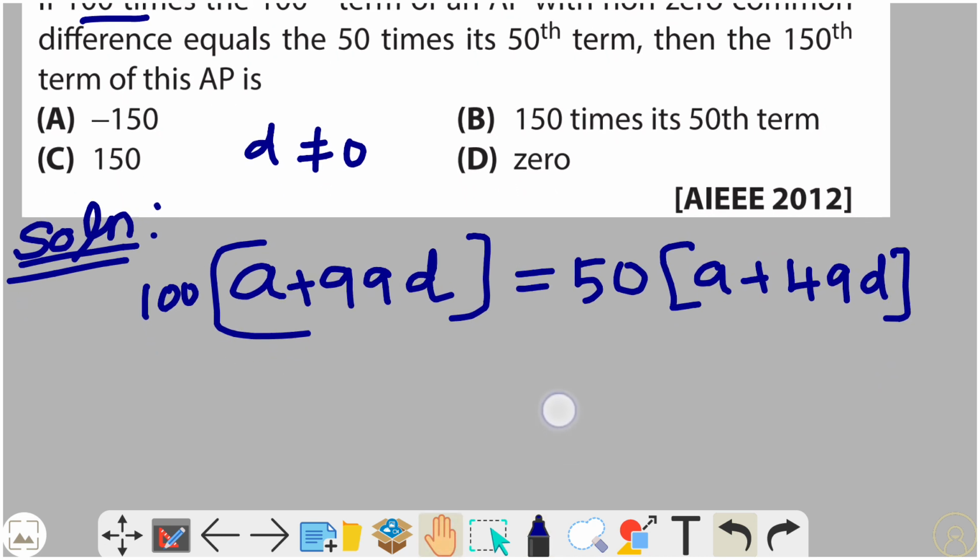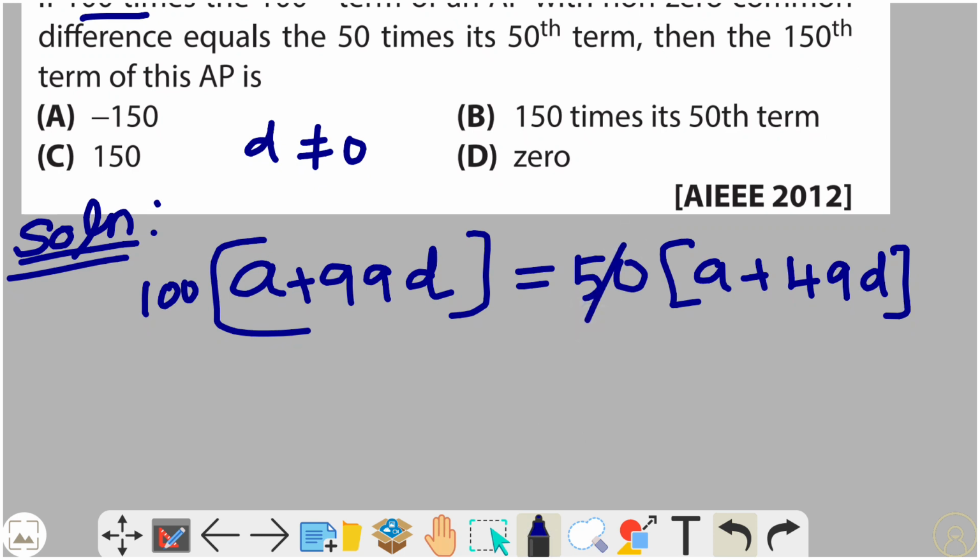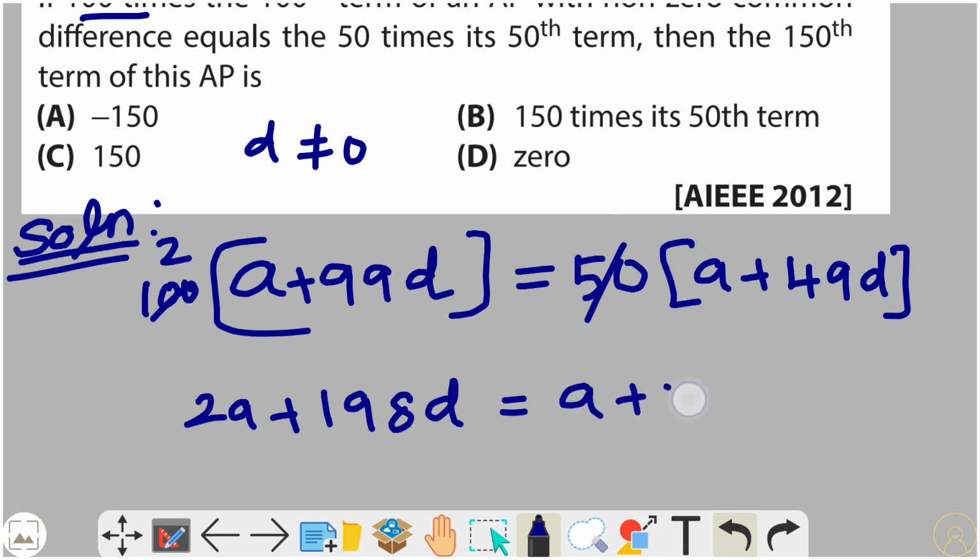So we have to solve this. Multiply 100 by A and 99D, so 100A plus 9900D, which is equal to the right hand side, 50A plus 2450D.